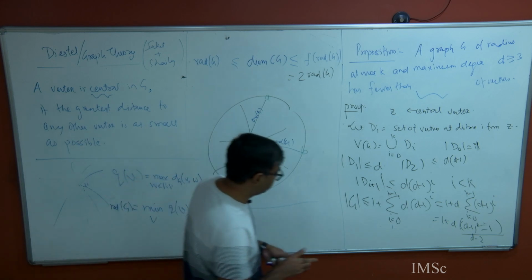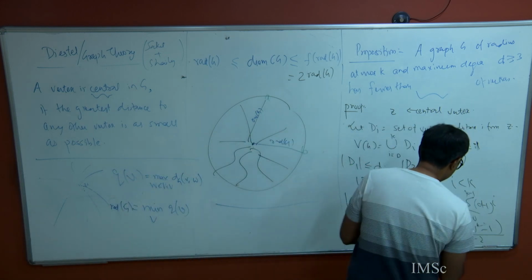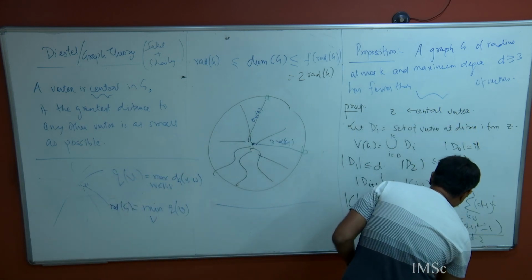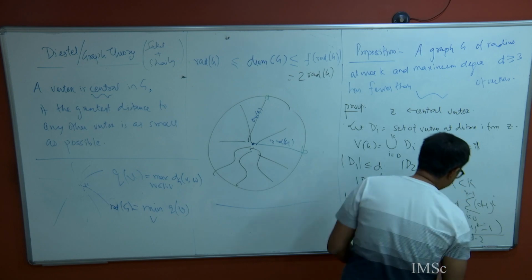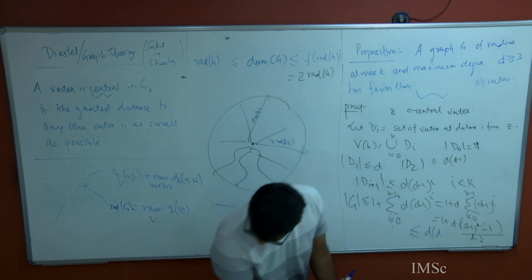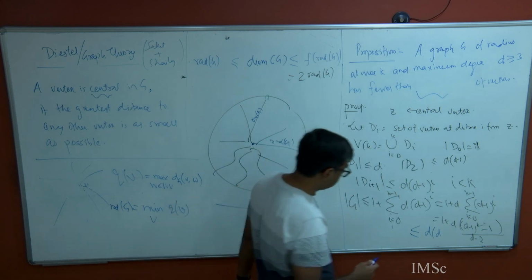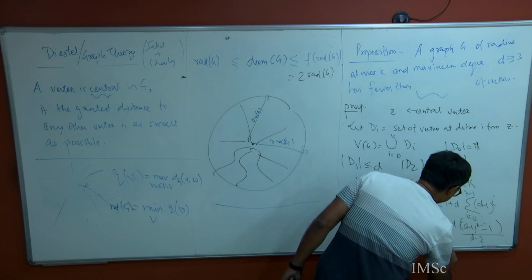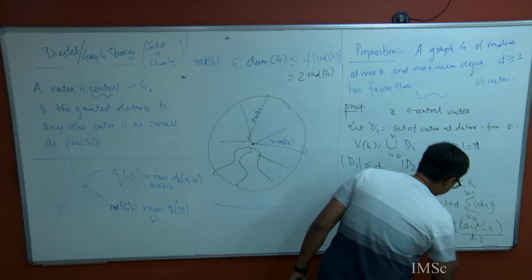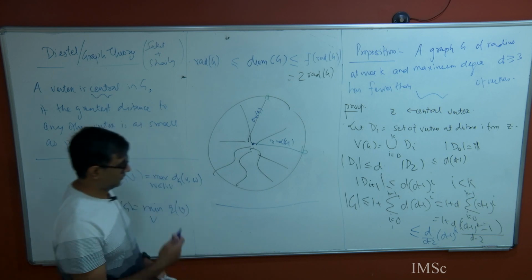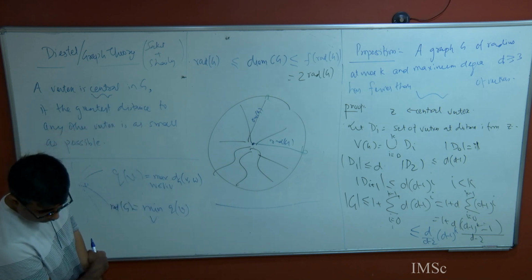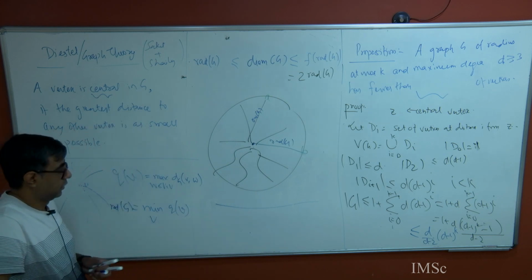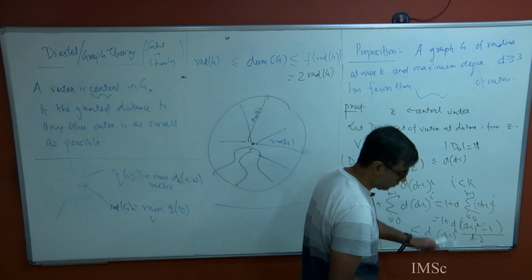I claim that this is definitely less than d by d minus 2 times d minus 1 to the power k. It should be like that. I'm saying that the 1 can be subsumed here.